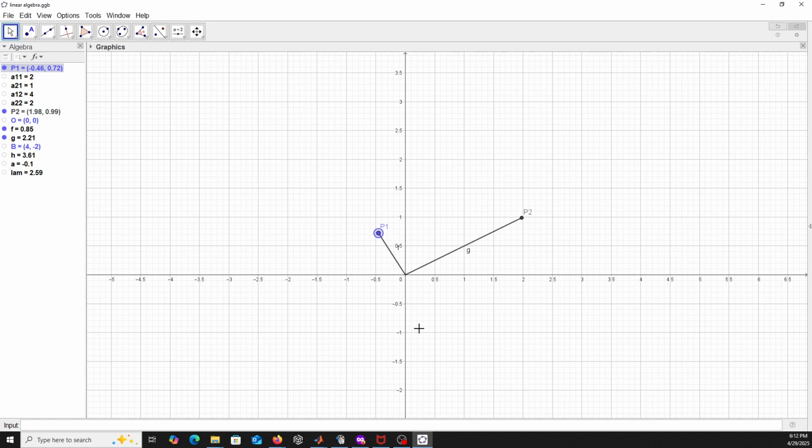Right, so that's another solution, which is minus 0.46, 0.72.